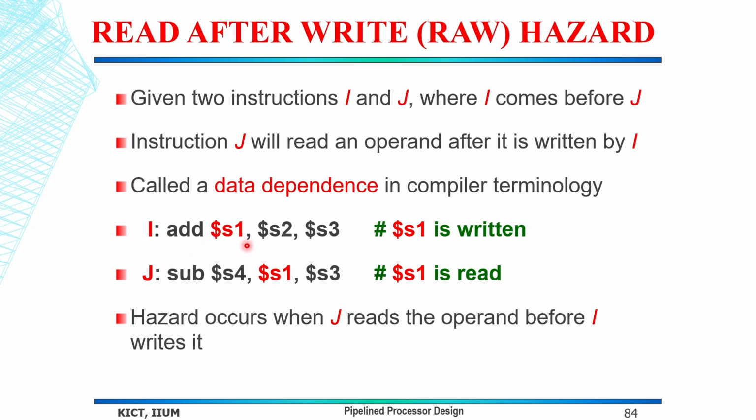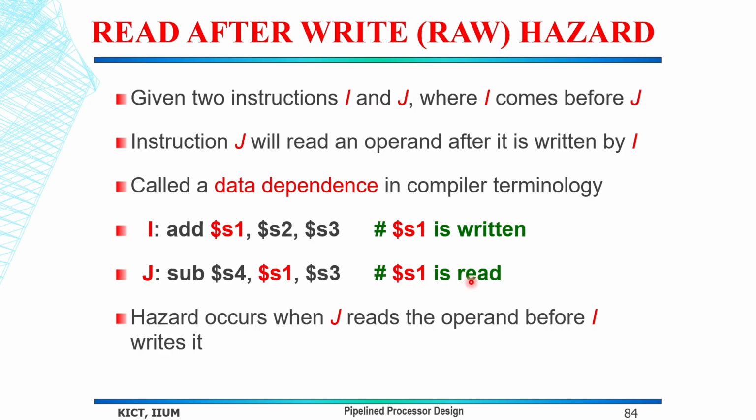The second instruction J is subtract $S4, $S1, and $S3. So that means $S1 minus $S3, and the result is written into $S4. So here $S1 is being read.